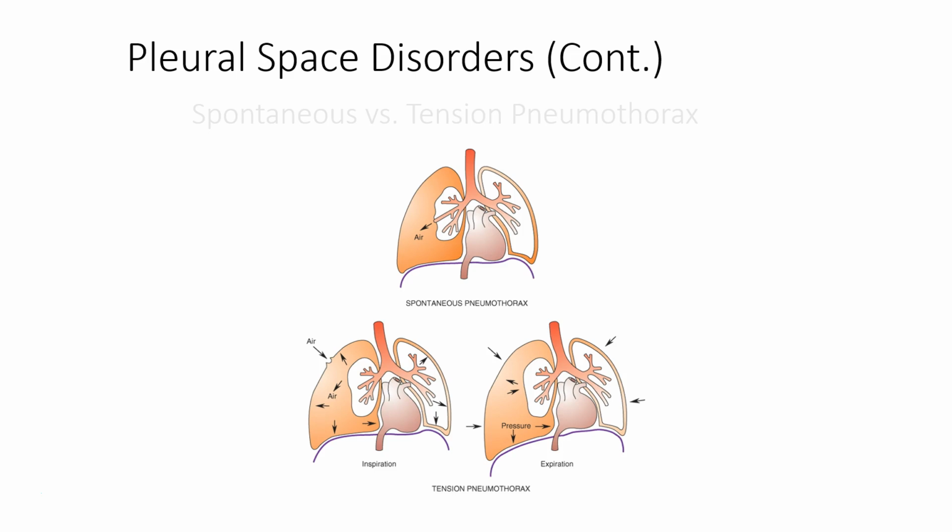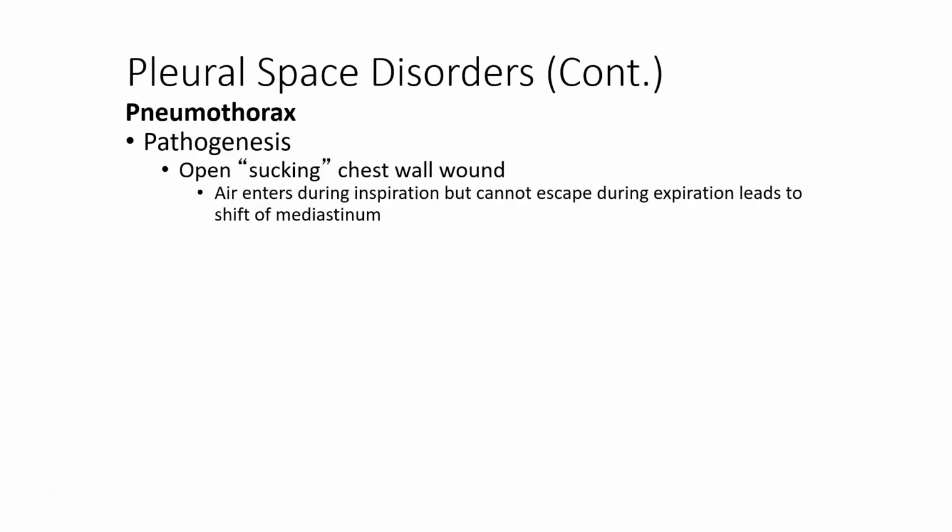As you breathe, more and more air gets trapped inside that space. And you can see in the picture in the bottom left that actually the outer layer of the pleura has also ruptured, causing more air to get in, and then everything shifts over to the other side. So this is where you get that sucking chest wound sound if the penetrating injury has come from outside of the body, as air is getting sucked in during breathing.